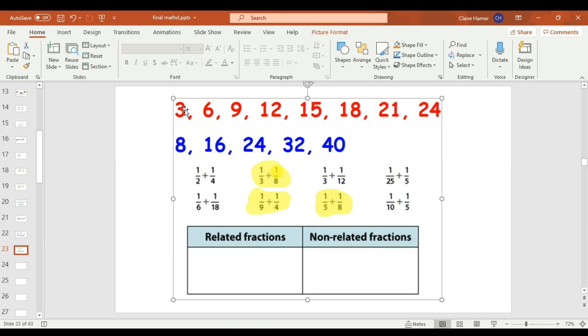So then I'm going to look at both my lists and see if any of the numbers appear in both sequences. So I can see 24 is a multiple of 3 and 24 is a multiple of 8. So for this question, I'm going to turn them both into 24ths. Now, I'm not going to do that now because I know I've rambled on quite a lot today, but we'll do some more of that tomorrow.